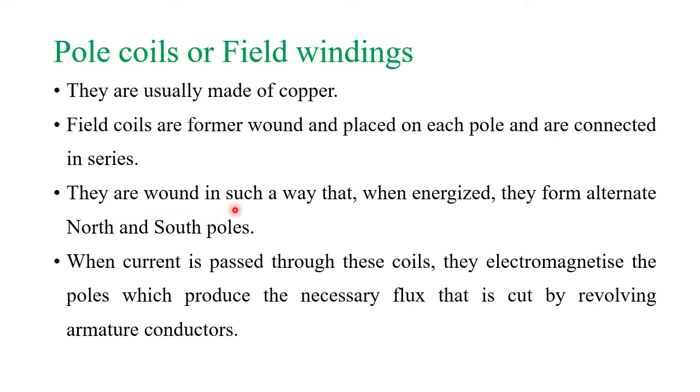They are wound in such a way that when energized they form alternate north pole and south pole. That is what we discussed. When current is passed through these coils, they electromagnetize and produce corresponding poles for the necessary flux, so that the armature conductor cuts this flux when the armature conductors are rotating.